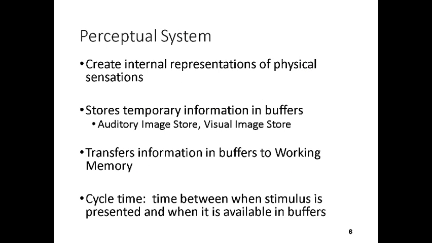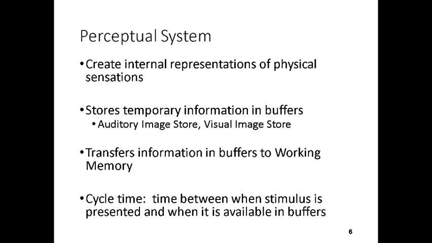First, the perceptual system. This creates an internal representation of physical sensations. It stores temporary information in what's called buffers. That's why we say that there's an auditory image store and a visual image store. It's not the same kind of storage that we talk about in the cognitive system in terms of memory, or memory representations. It's really a very, very brief image store.